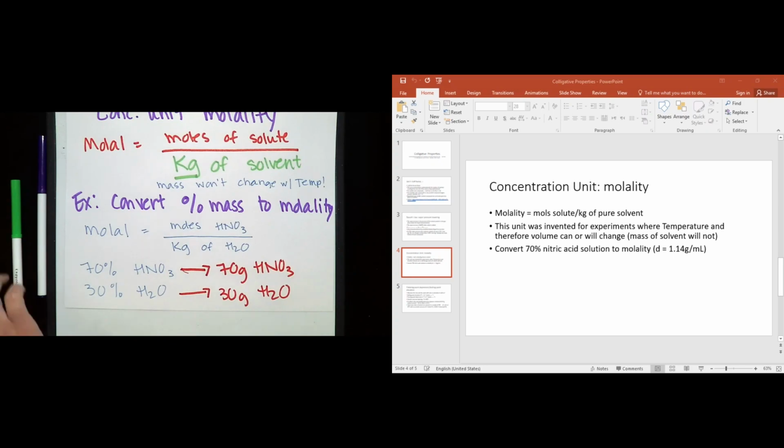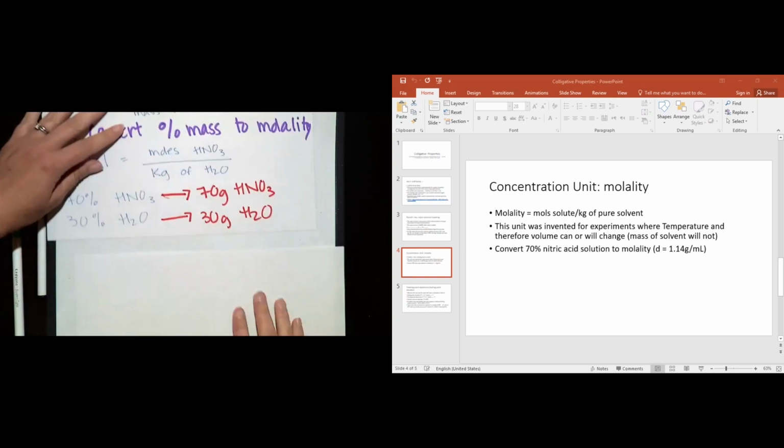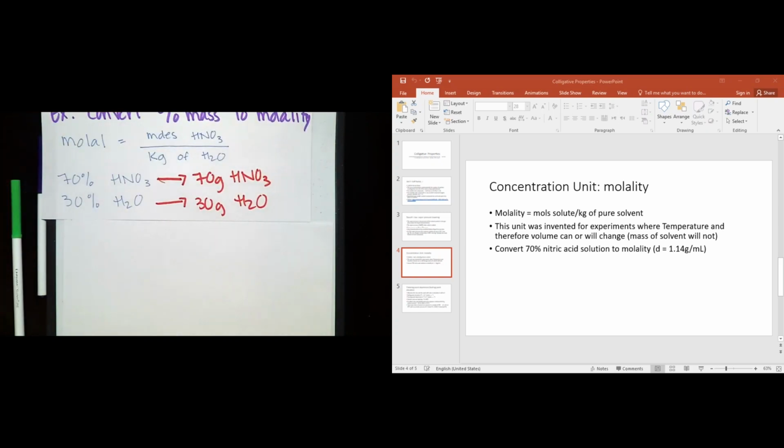So when I'm given mass percent and I'm asked for molality, molarity, parts per million, mole fraction, or any other concentration unit, I always assume 100 grams, and basically I just swap out the percent with a gram.